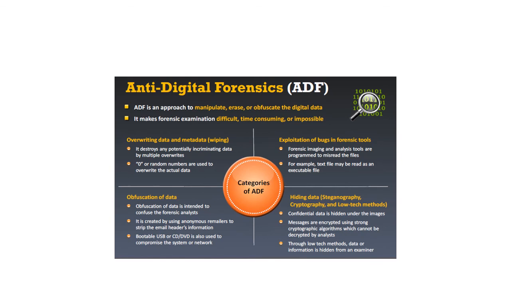Our second category of anti-digital forensic technique is what we call exploitation of bugs in forensic tools. We're basically saying forensic imaging and analysis tools are programmed to misread the files. For example, a text file may be read as an executable file.